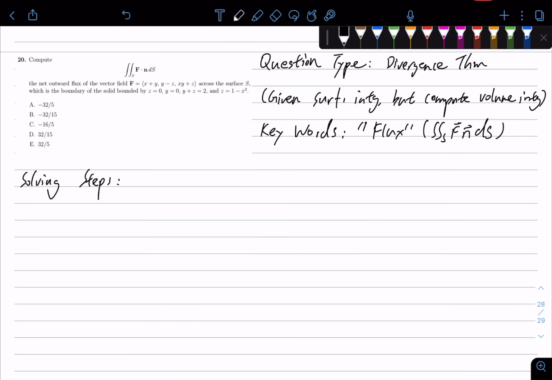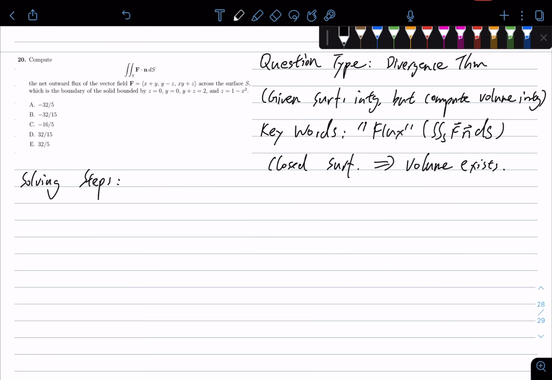And then another key here is the difference between a divergence theorem problem and a regular surface integral problem is that oftentimes the divergence theorem problem must have a closed surface, right? A closed surface. That means a volume exists, right?